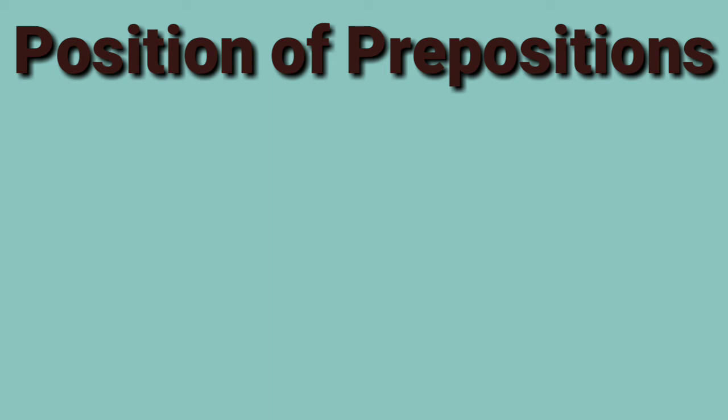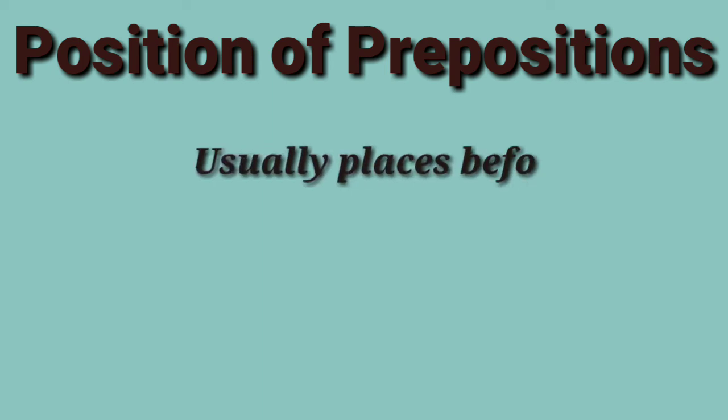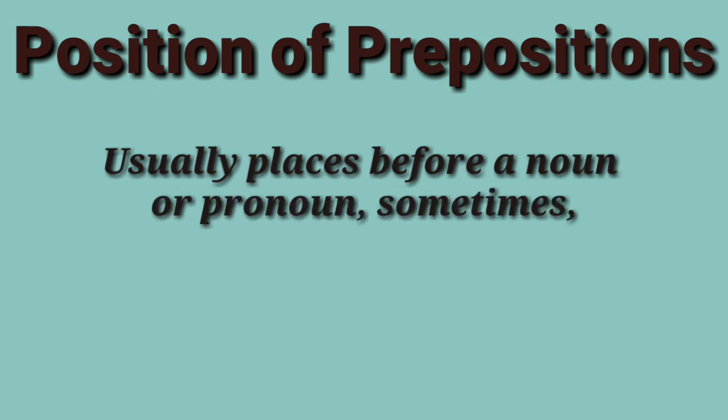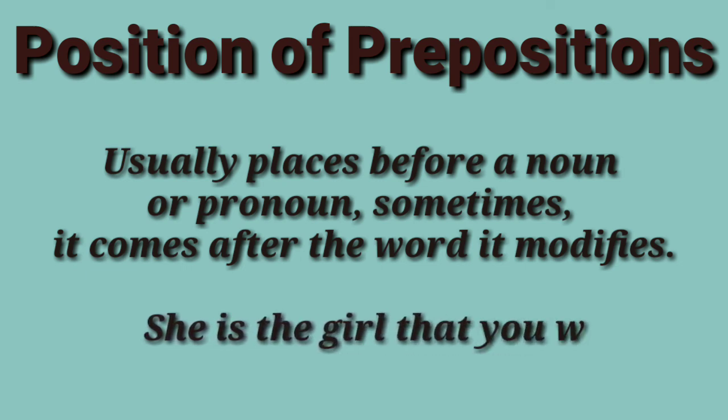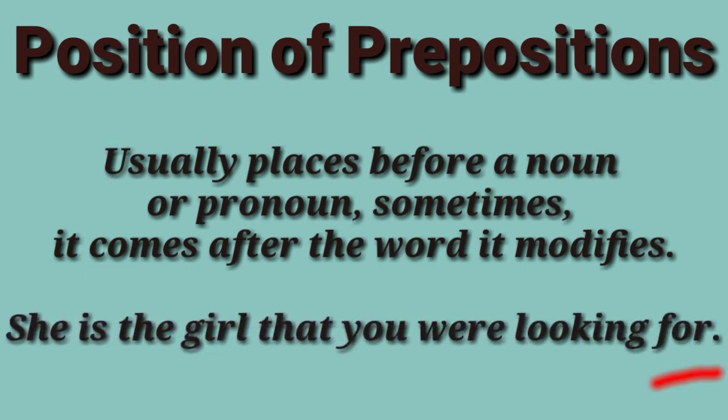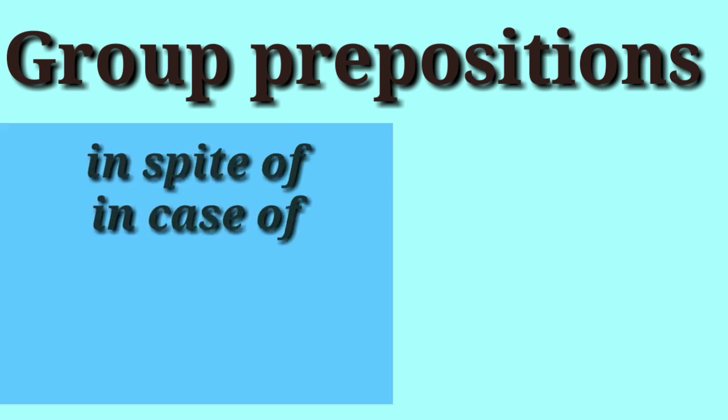Now, position of prepositions. Although a preposition is usually placed before a noun or pronoun, sometimes it comes after the word it modifies. For example, she is the girl that you were looking for. Here the preposition for is placed at the end of the sentence. Now, let us see the group prepositions.